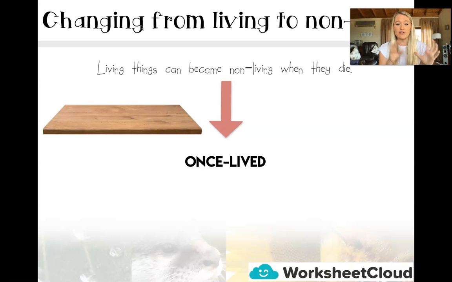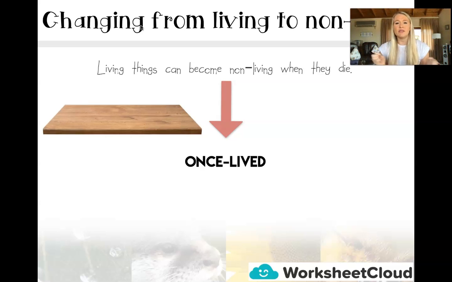Okay, so I've got a few examples that I just want to go through. The first one is a slab of wood or a piece of wood that you would often find on your desk at school, or maybe furniture in your house. Now, wood, you all know, comes from trees.